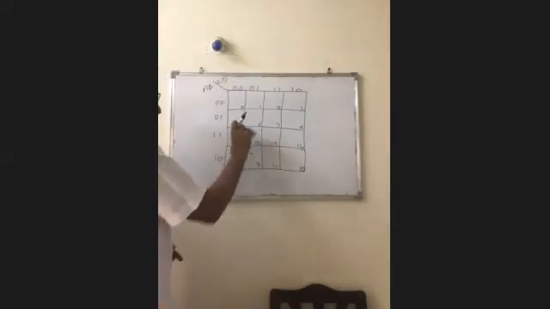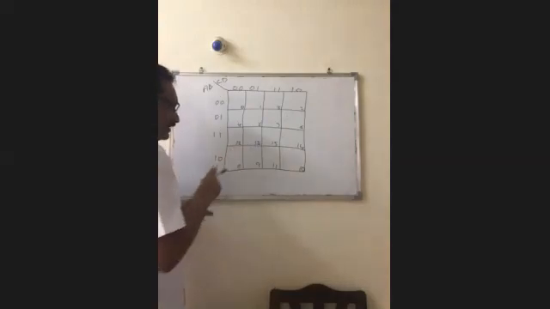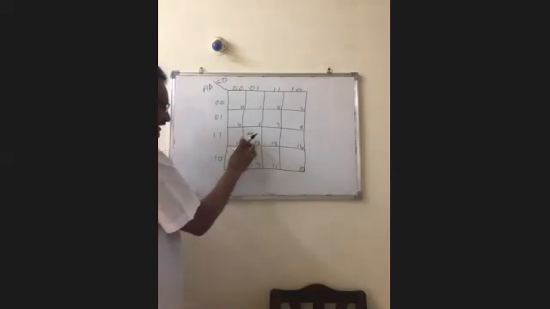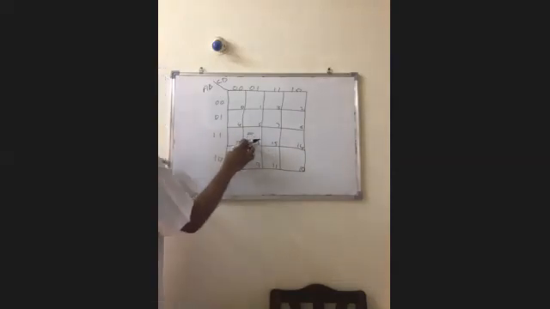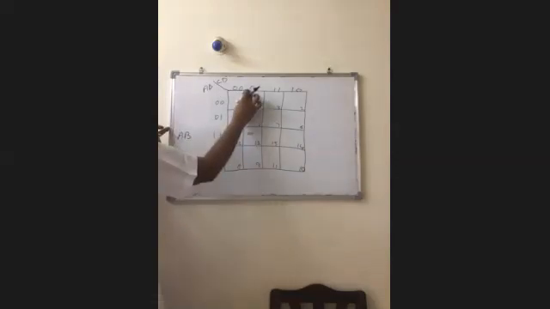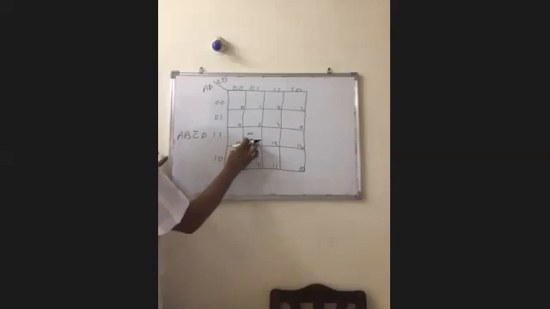What is the corresponding min-term for this cell? A, B, C bar, D. What is the corresponding max-term for this cell?